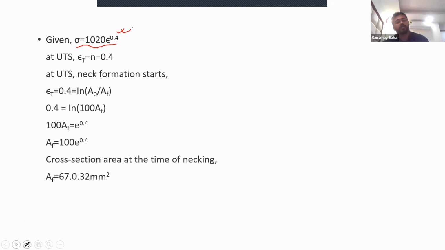At the time of necking, you see that your true strain becomes equal to n. And how does that happen? You equate the derivative of your stress with respect to strain equal to zero, at the necking point, the ultimate tensile strength point, and that finally gives you your epsilon t as being equal to n. Okay, I hope you understand that, right?